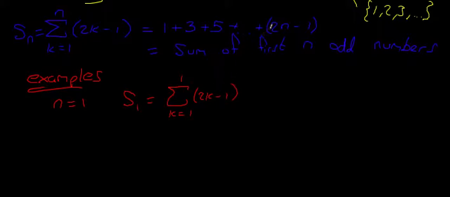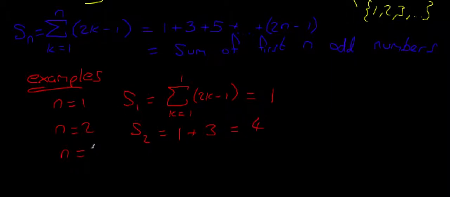So basically this is what we had before, where the last term is going to be where n is 1. So where n is 1, it's going to be 2 times 1 minus 1. So in fact we only have one term here, and this is equal to 1. Okay, now we can do the same where n is 2. We get S2 is equal to the first two terms. So this is 1, this guy, plus 3, this guy. So this is 1 plus 3 is equal to 4.